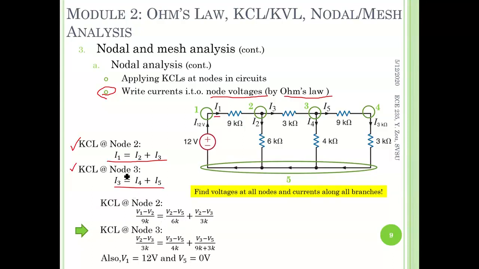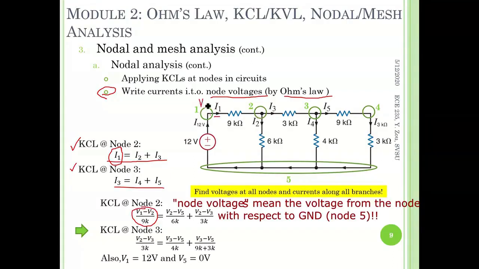Okay. So we first of all take care of I1. We try to rewrite I1 in terms of node voltage. Obviously, I1 is flowing between node 1 and node 2, so we are utilizing node 1 voltage V1 and node 2 voltage V2.